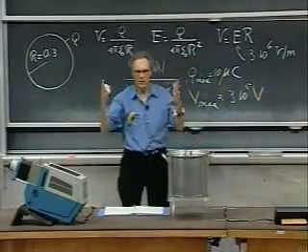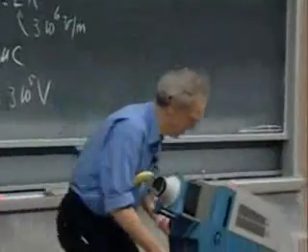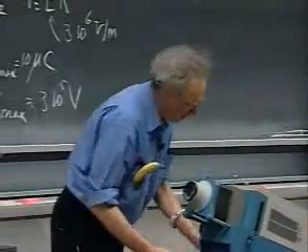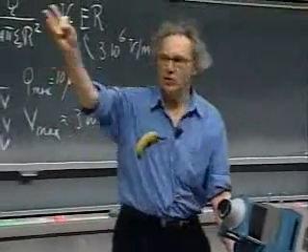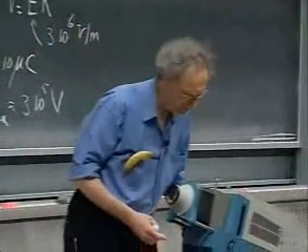So this gives you a quantitative feeling for numbers, an idea of what our Van de Graaff can do. And later we will understand how the charge gets there. But at least you have some feeling now for potentials and for the charges that are involved.